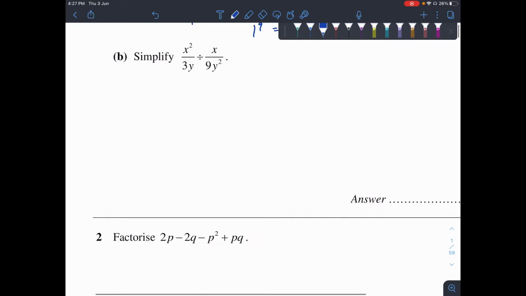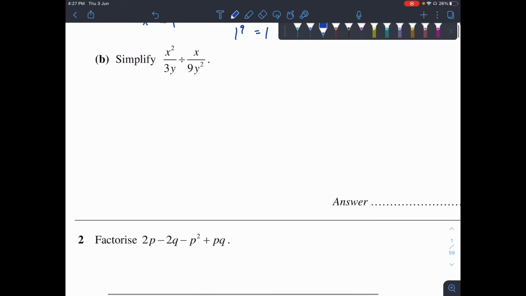Okay, so the next question is to simplify this fraction over here. So the first step that we'll have to do is to convert it into a times. So you will have to change the fraction and flip it so that it becomes 9y squared over x. After that, you can cancel out the common factors.